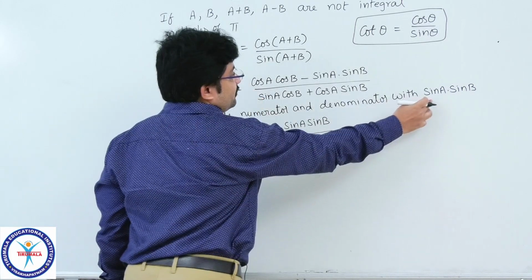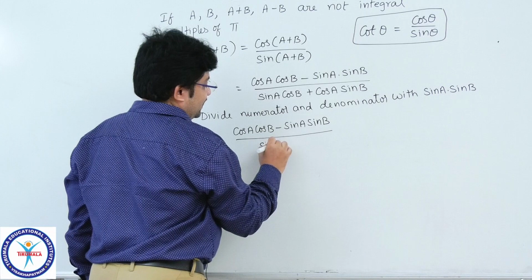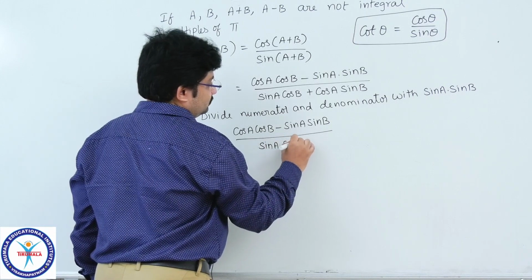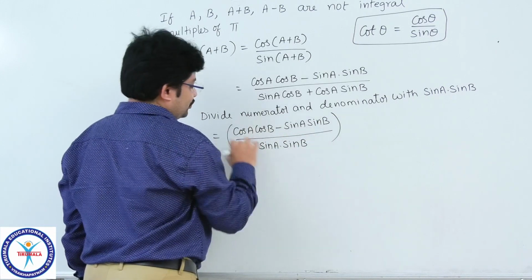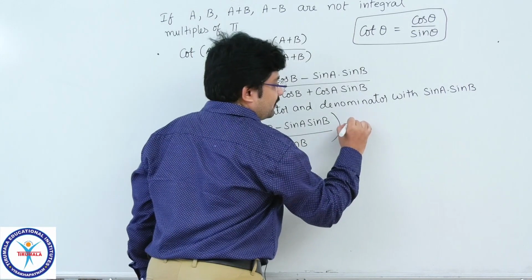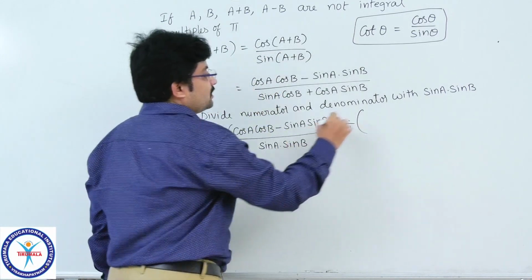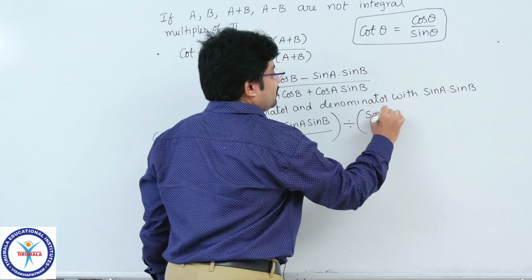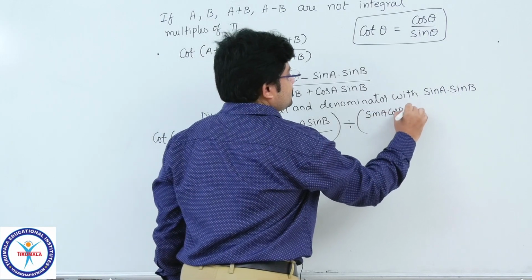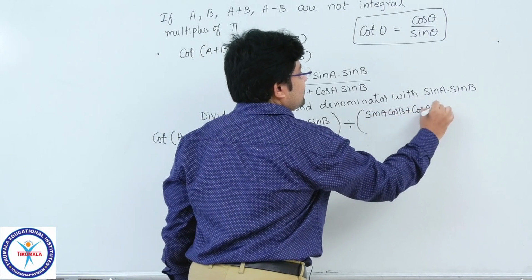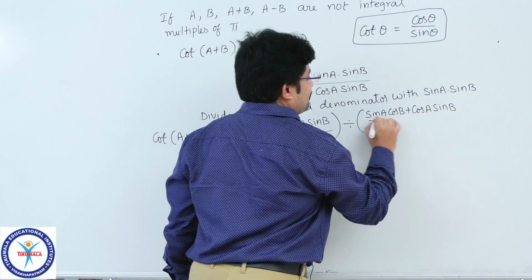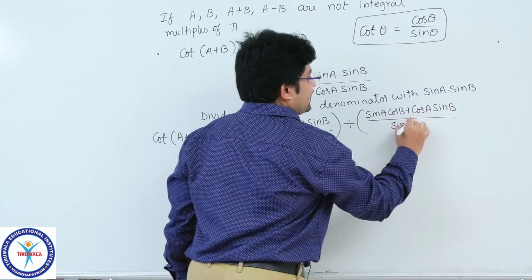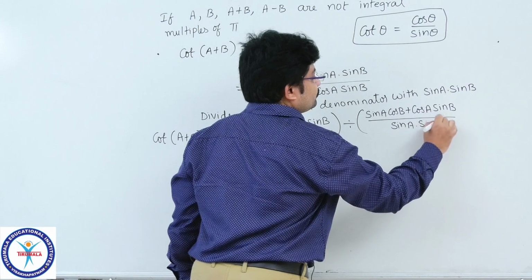Now we have to divide the numerator by sin a sin b. This is the numerator divided by sin a cos b plus cos a sin b by sin a sin b.